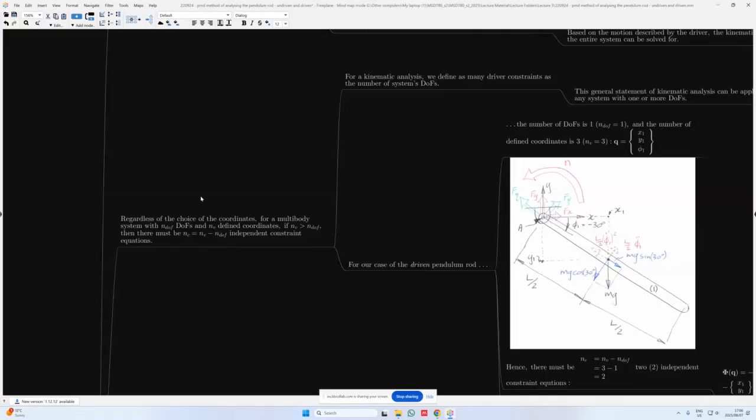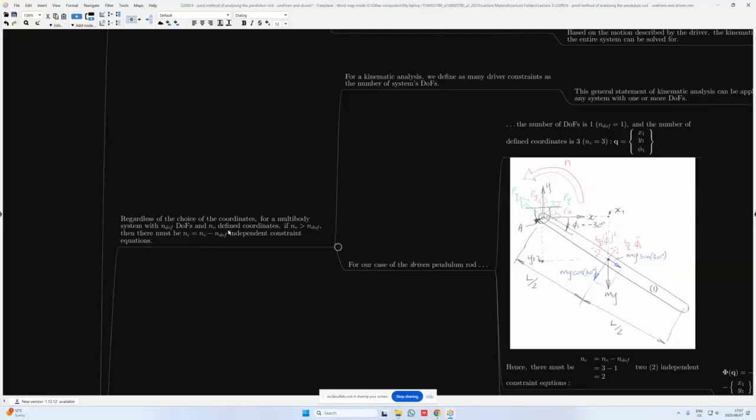So this simply tells us how many constraint equations we need, and this is perhaps a different version of the formulation that we looked at previously. We said we can essentially find the number of degrees of freedom as 3 times the number of bodies that we have in our system minus the number of constraint equations. So this is just a rewritten form of that.